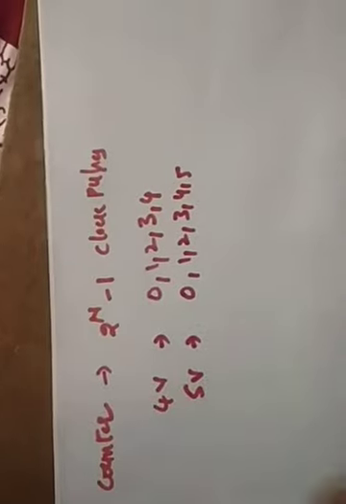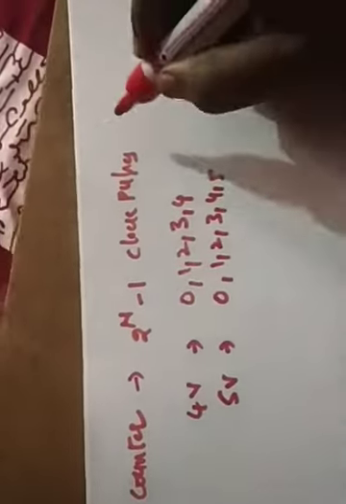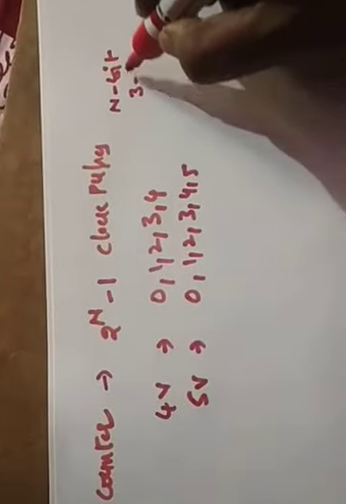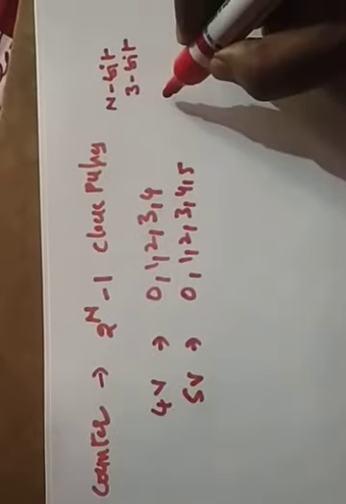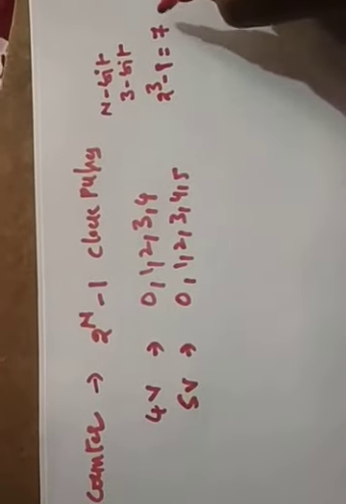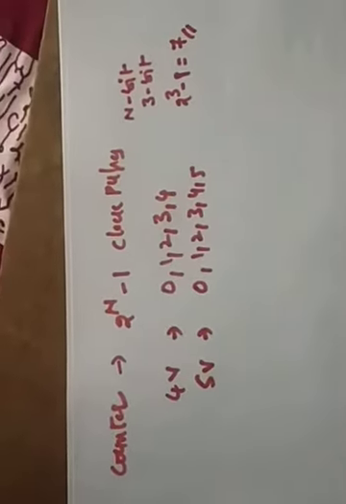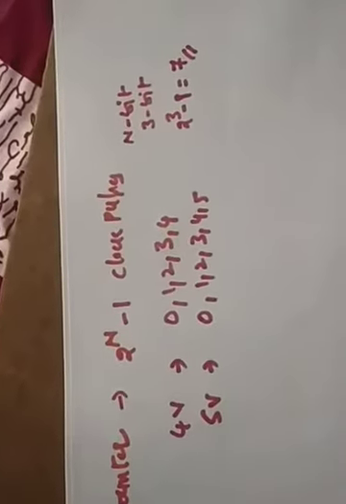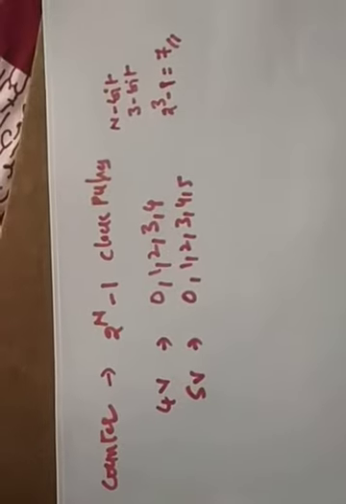So there will be 2 power n, where n is the number of bits. If it is 3 bit data, it requires 2 cube minus 1, that is 7 clock pulses. So it's very difficult for us to generate this many clock pulses from oscillators, right?